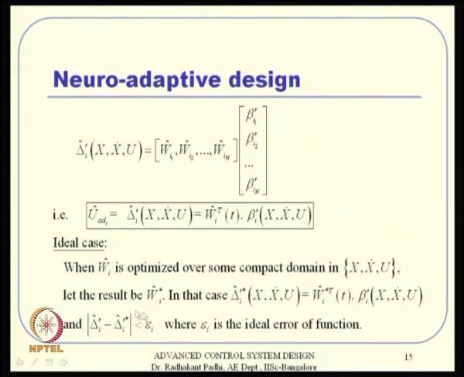These two will have some error in between, which is the ideal function approximation error denoted as epsilon I.